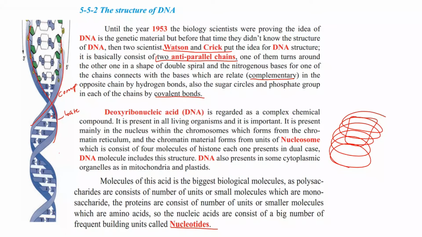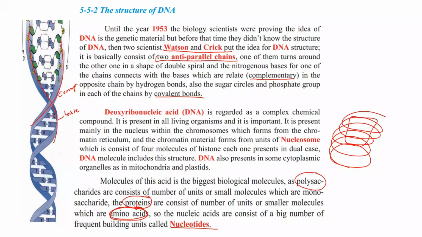Molecules of this acid, nucleic acids, are the biggest biological molecules. As polysaccharides consist of a number of small units which are monosaccharides, and proteins consist of a number of units which are smaller molecules called amino acids. Like proteins made up of smaller parts: polymer protein, monomer amino acid.